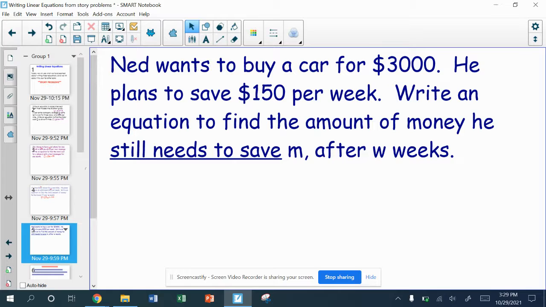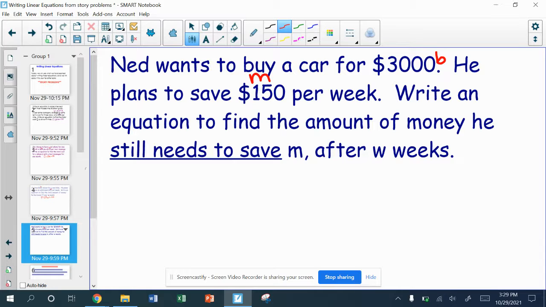So this time, the beginning amount that he's trying to save up for is the $3,000. He's saving $150 each week, so that's our slope. But here's the thing. The $3,000 is how much he needs.